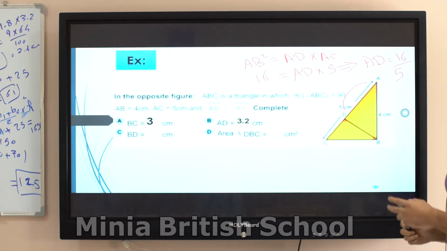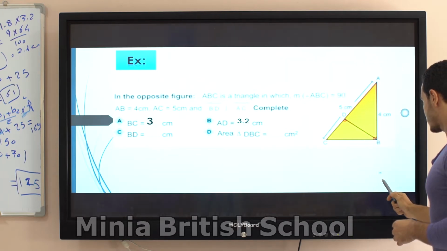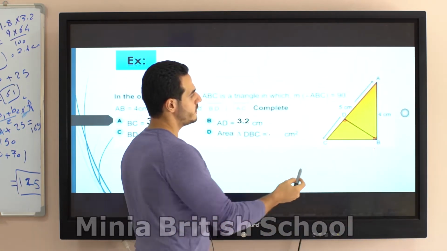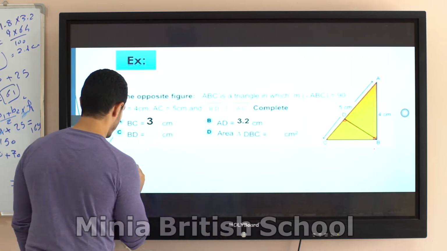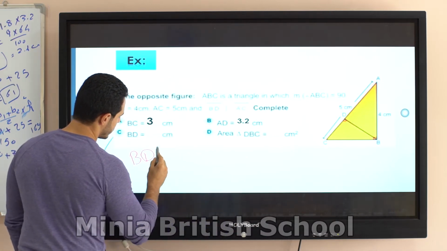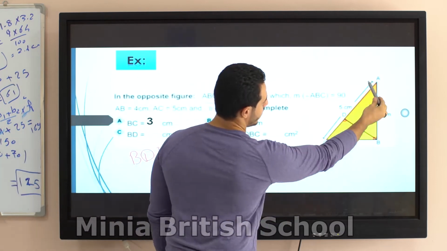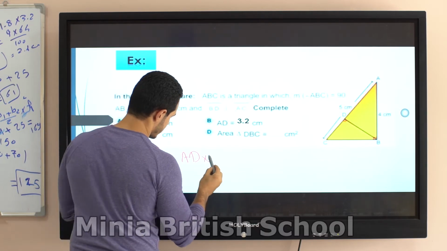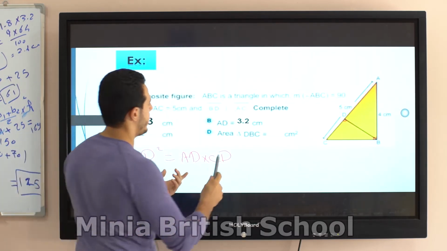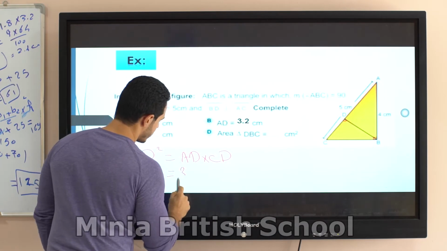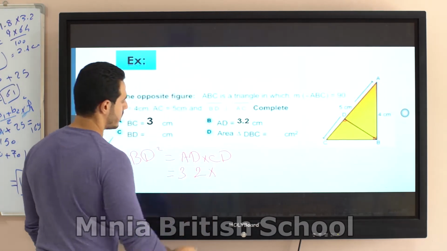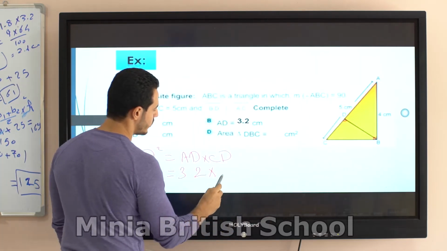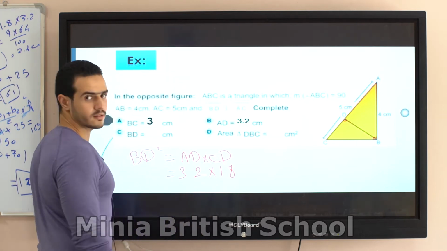Now find BD. I have two ways to find BD. The first rule: BD square equals AD times CD. Now I have AD, it's 3.2, times CD. CD equals 5 minus 3.2, equals 1.8.